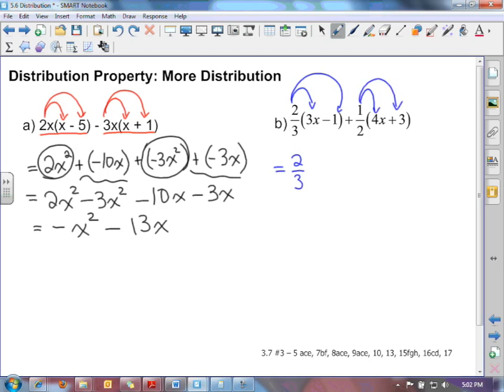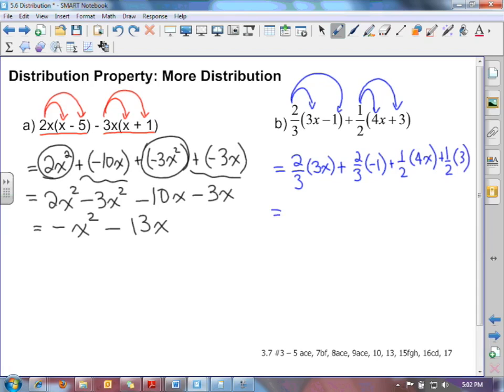2/3, and I'm going to show each step for this one because this one requires a little bit more work, times 3x plus 2/3 times negative 1 plus 1/2 times 4x plus 1/2 times 3.